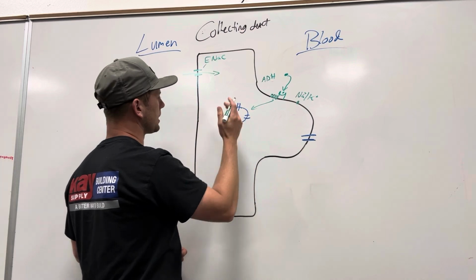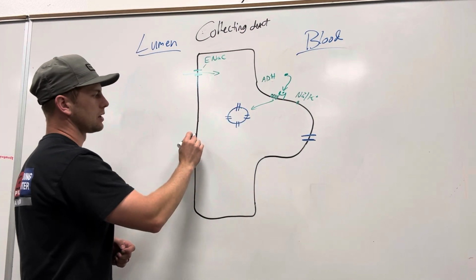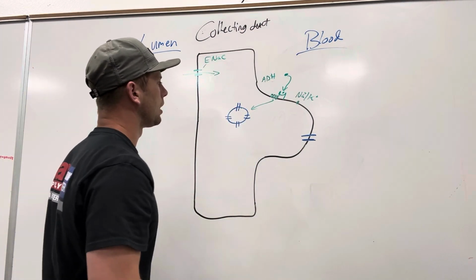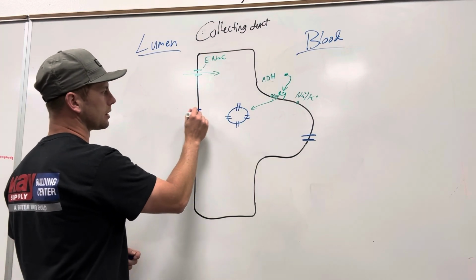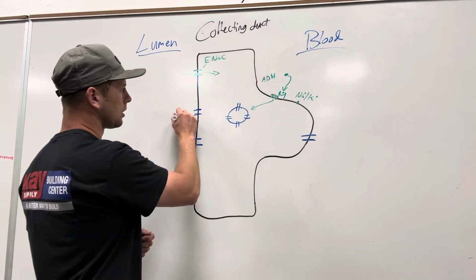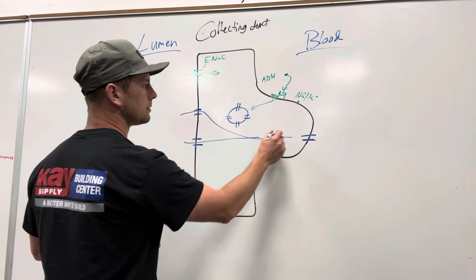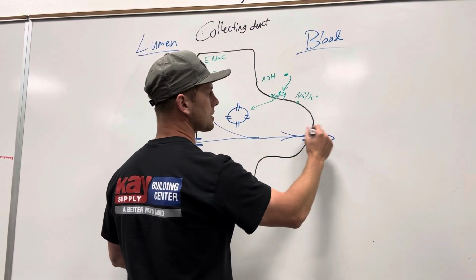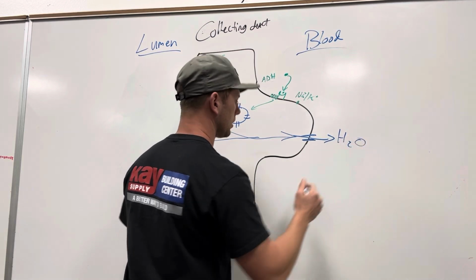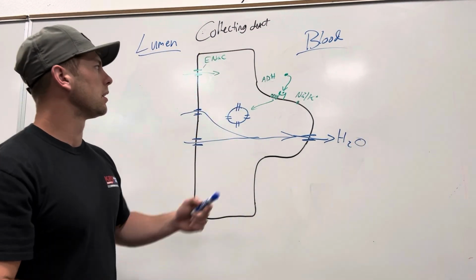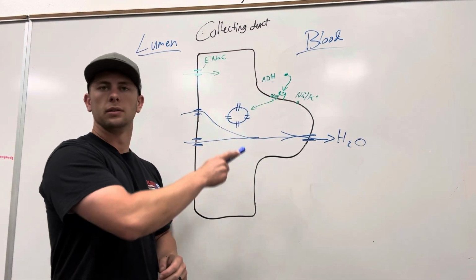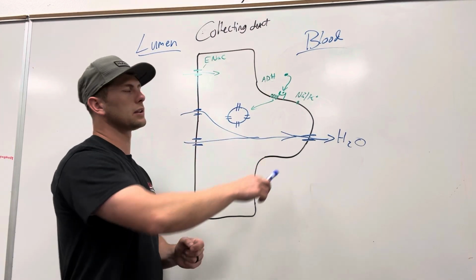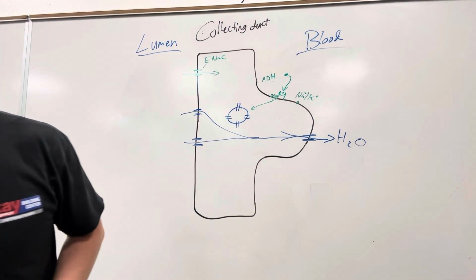This will basically make this vesicle fuse, and so now we form aquaporins on this side. So water is going to come in, H2O, and it's going to come back out with this other aquaporin. So release of ADH will make water go from the lumen and be reabsorbed back into the blood.